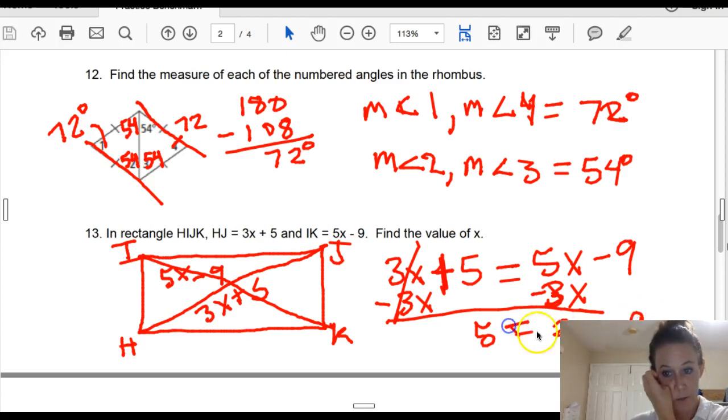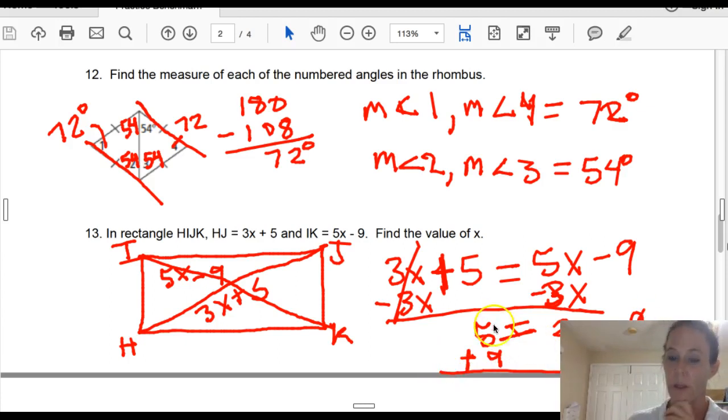Add 9 to both sides. This is so slow, and I apologize. I'm going to get 14 on this side equals 2x. And the last thing, and I'm running out of space, is to divide by 2.